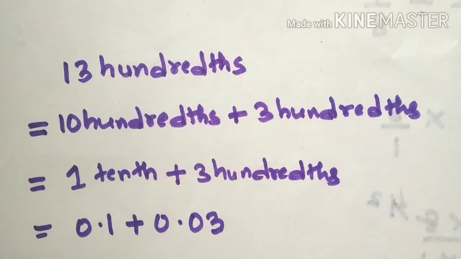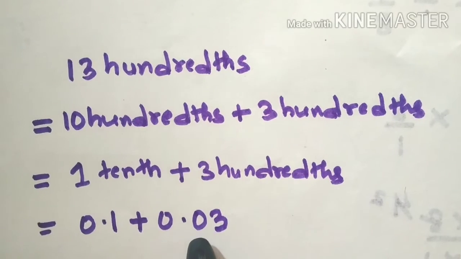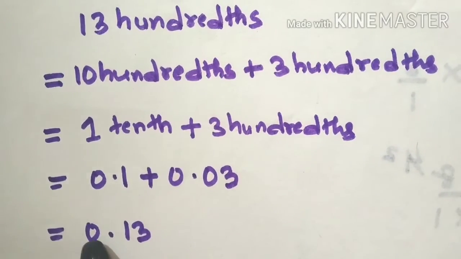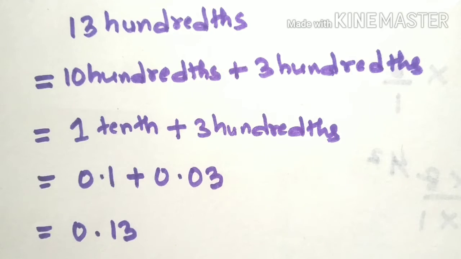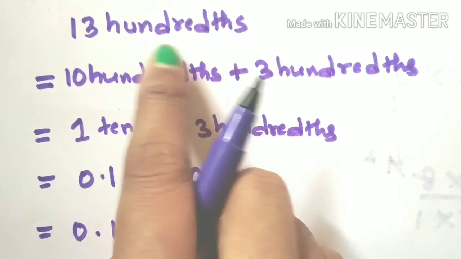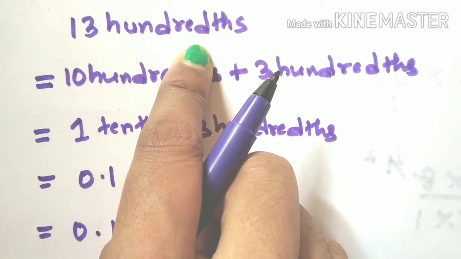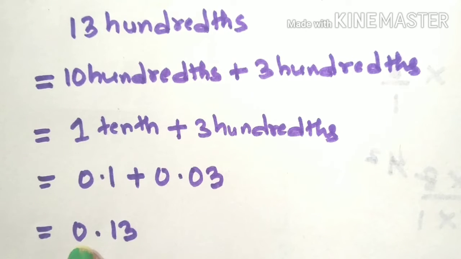And students, when we add 0.1 and 0.03, we get 0.13. So students, if we are asked to write 13 hundredths as decimal, we can write 0.13.